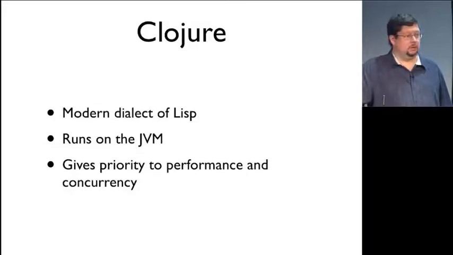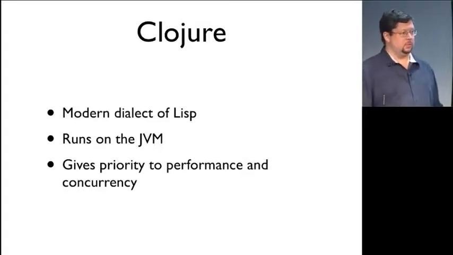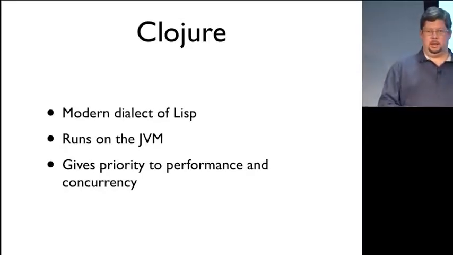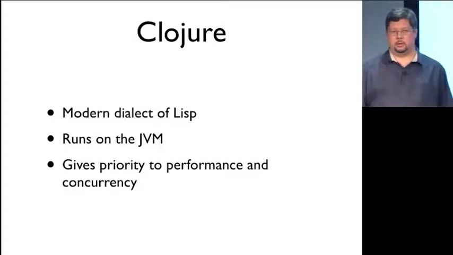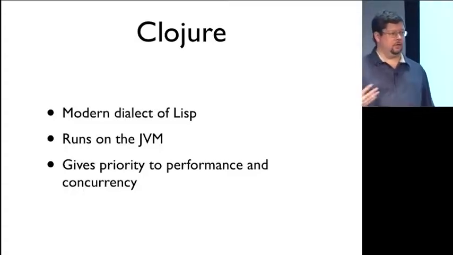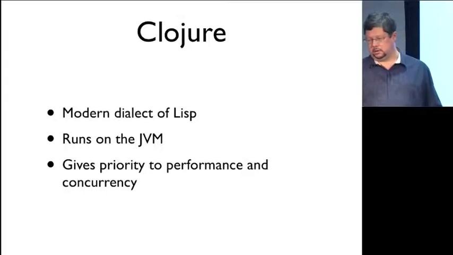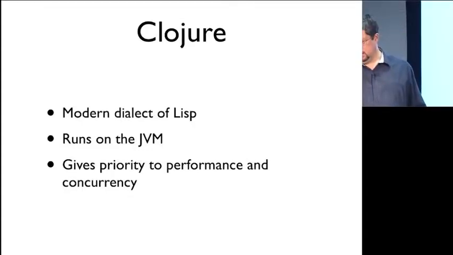It has really interesting concurrency features and models. They're based on the JVM's native threads. Clojure doesn't roll its own core concurrency primitives, but it has built very nice abstractions on top of those, exploiting the functional nature of the language and a few other things. And we'll see some of that.